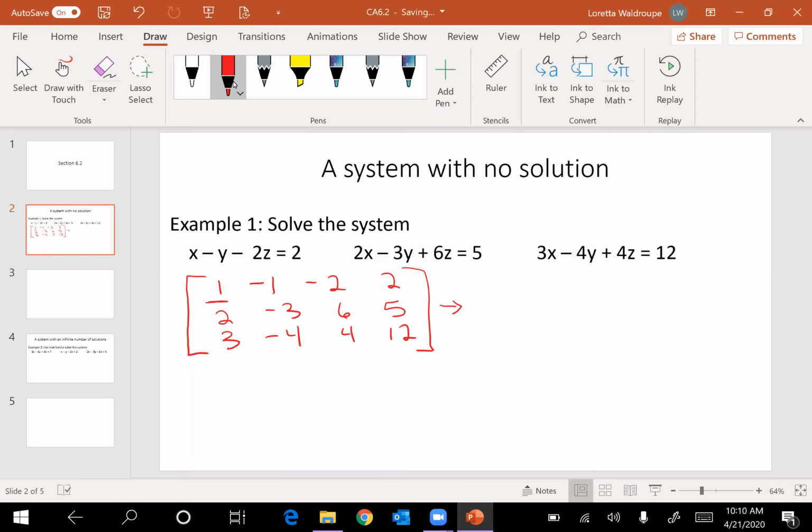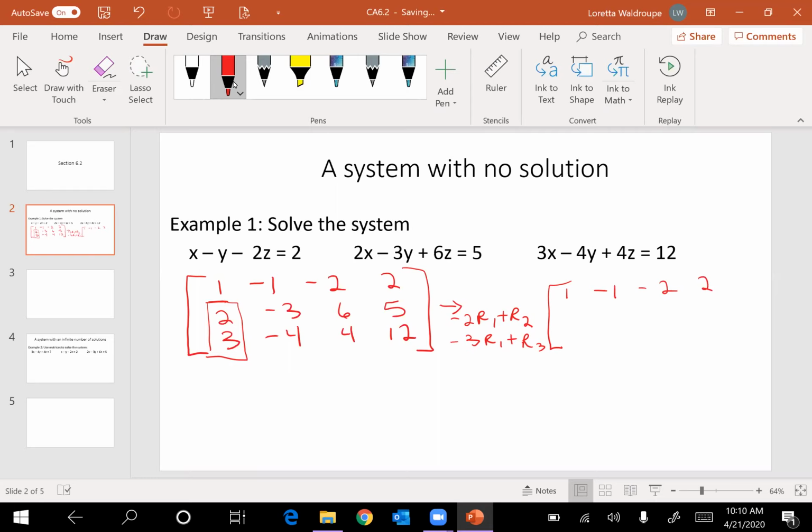So I want to make these numbers below it a 0. So negative 2 times row 1 added to row 2, and negative 3 times row 1 added to row 3. But row 1, I'm not changing.